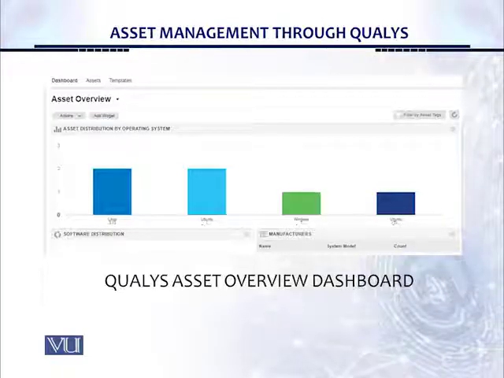And this actually means that we may have performed scanning, or we may have performed discovery, or we may have performed different activities on those assets, and they are all showing here. There are two assets that are running Ubuntu. There is one asset that is running Windows 7, and then there is one asset that is running Ubuntu, again, a different version of Ubuntu. So the asset overview dashboard shows the entire set of assets and gives them different colors.